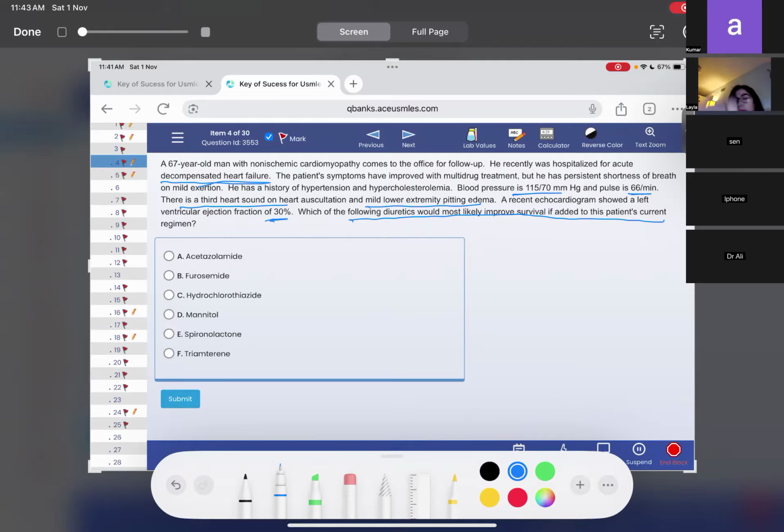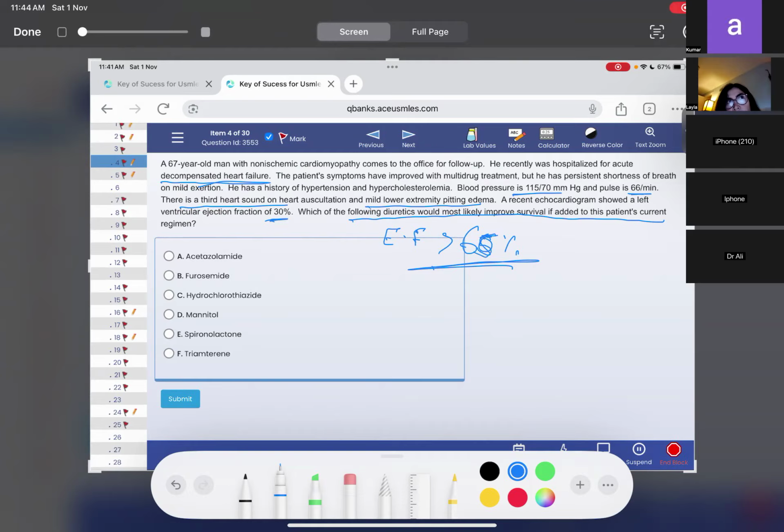Can anybody tell me the normal ejection fraction? I think it's 55 to 65. Yes, excellent. Most probably we are going to take an average, that a normal patient has an ejection fraction of about 60 to 65%.